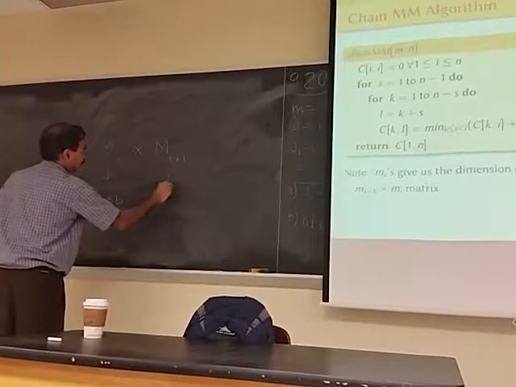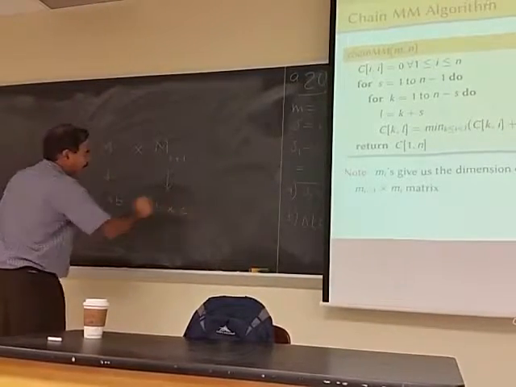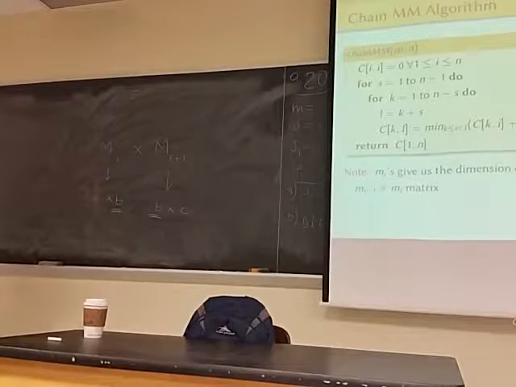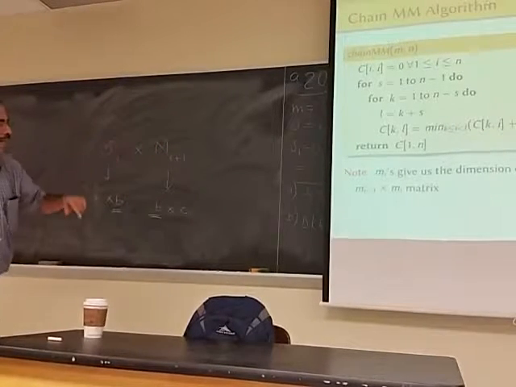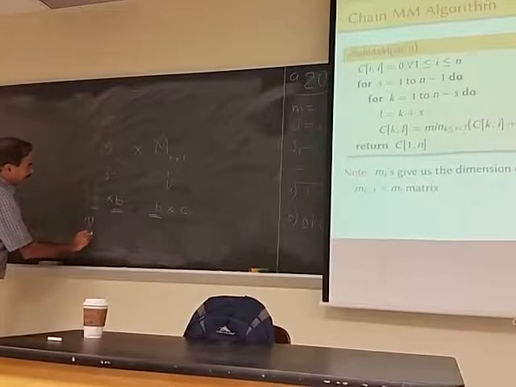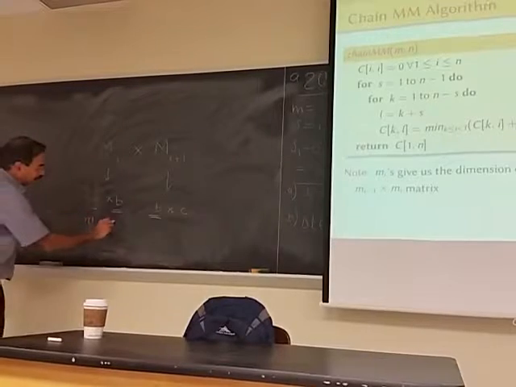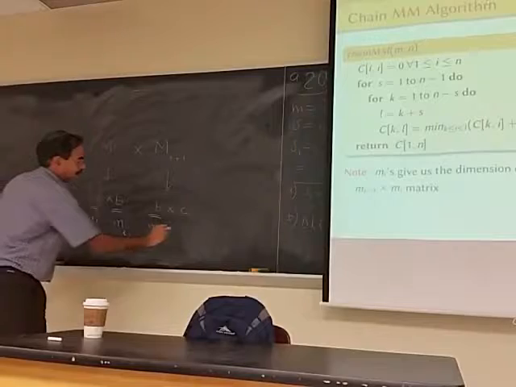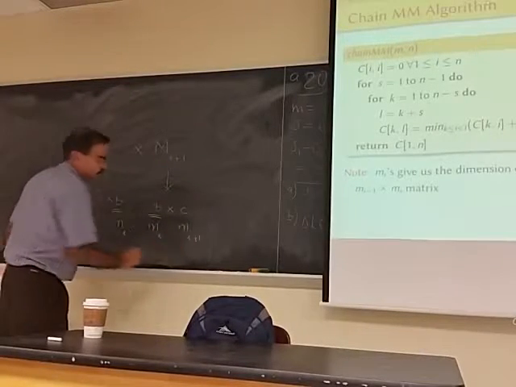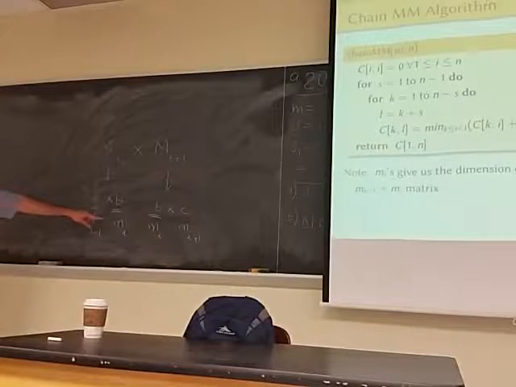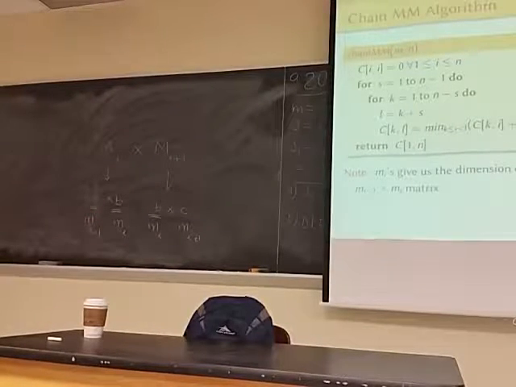If this is an A by B matrix, then this must be a B by C matrix, which means these two should always be the same. That's why we are able to say Mi has the size M(i minus 1) by Mi, and the next one is Mi by M(i plus 1). So this is the notation we are going to use to represent the sizes of the matrices.